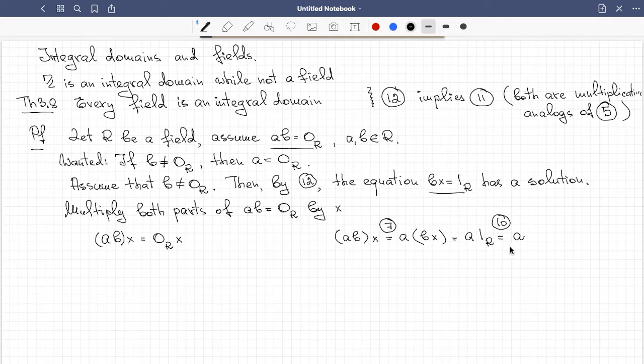As to the right-hand side, we just proved this statement from theorem 3.1, which we have proved in the previous fragment, where we have that this is 0_R.